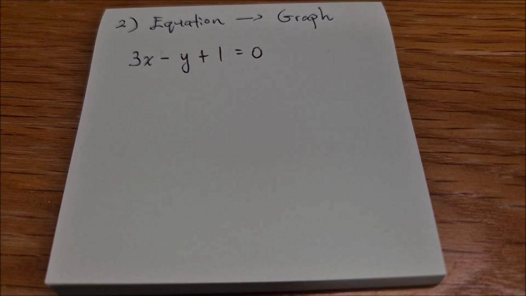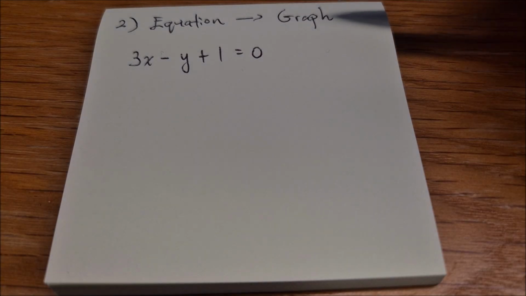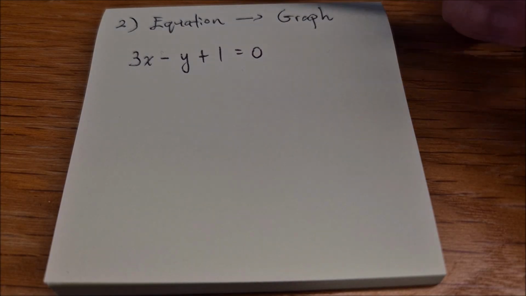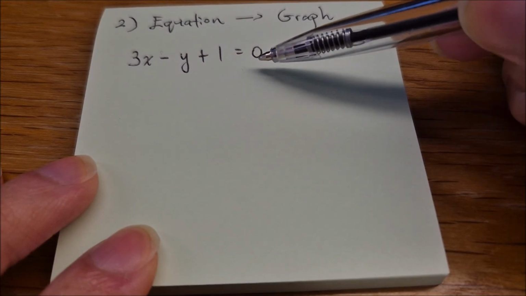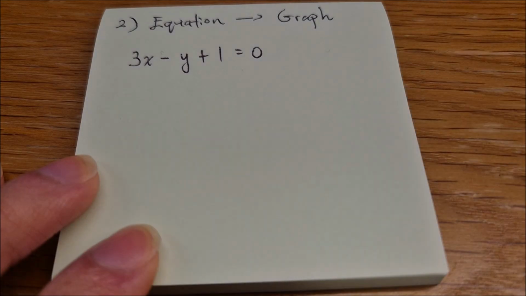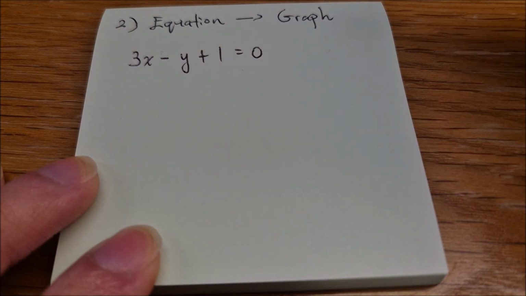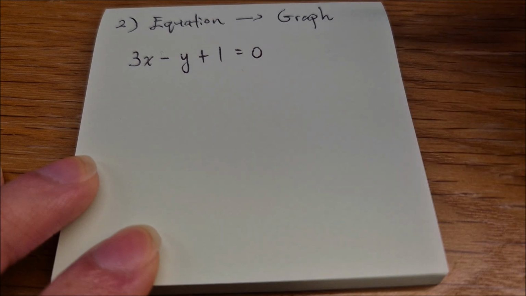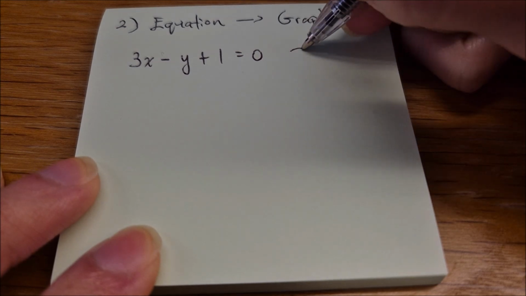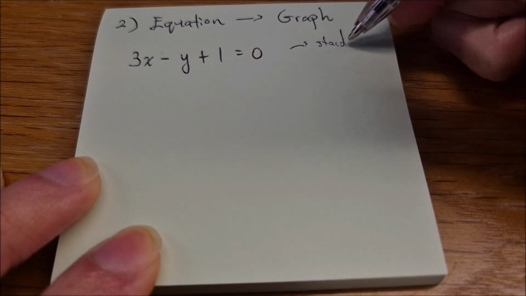For our second example, drawing the graph of a line given an equation, let's say we have 3x minus y plus 1 equals 0. Now this is in a different form from the usual y equals mx plus c, and this is called the standard form.